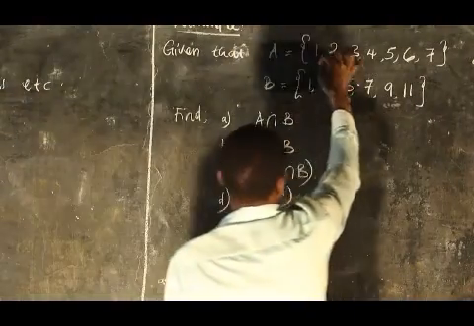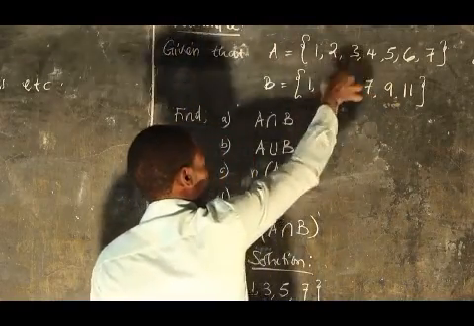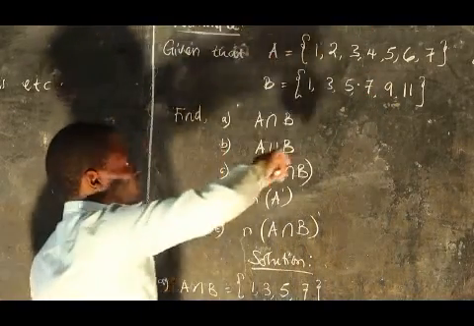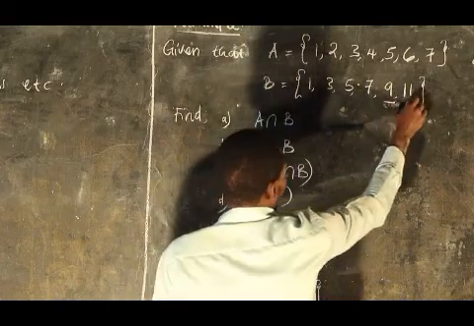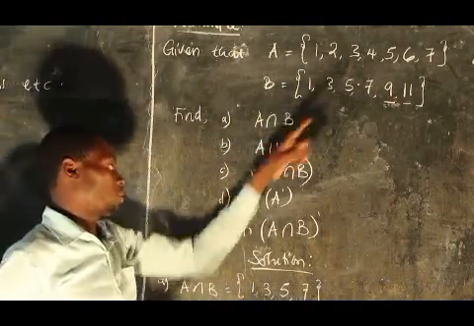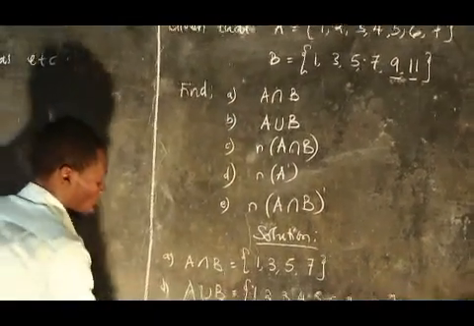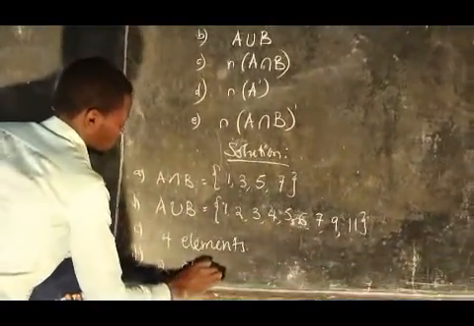Now we are going to leave all those ones in A and we leave all those ones which are in B, but they also appear in A. So we're going to select only 9 and 11 to be our members which are in A complement. But here they want the number of elements there. So there are only 2 elements.